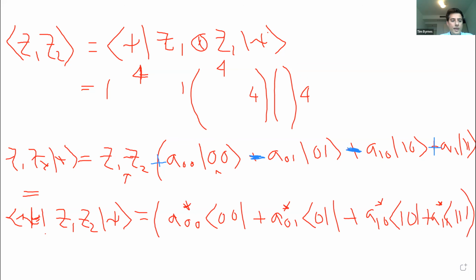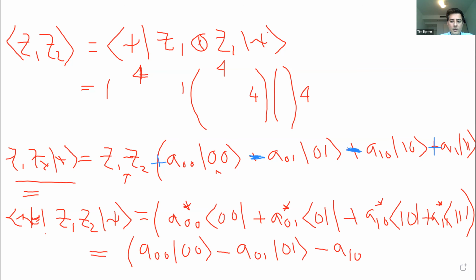And we take the state that we just calculated, making sure we put in the correct signs. This one will be minus, this one will also be minus, and this one will be plus. Now we just have to calculate the inner product.